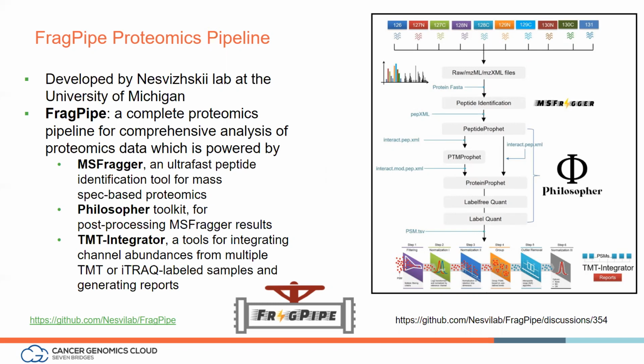But here we are showing how you can use MSFragger for the database search, Philosopher that orchestrates and organizes all the other tools and also allows you to do a very stringent FDR filtering and the quantification. And then we finish with the TMT-Integrator, a tool that does a statistical summarization and reporting at different levels, like the gene level and the protein level. All of these tools are either published or available on our GitHub page.